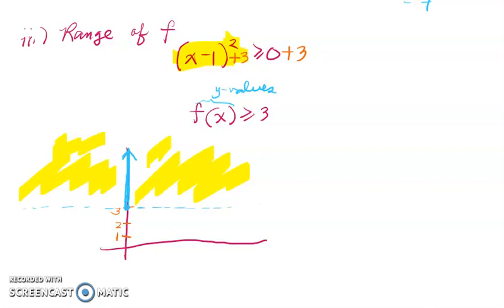So, ibig sabihin, from here we can say that the range of the function, or the range of f, we will denote that by R sub f for the range of f. Ibig sabihin that the range of f is within, no?